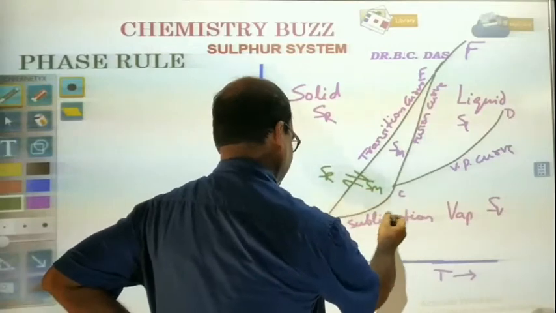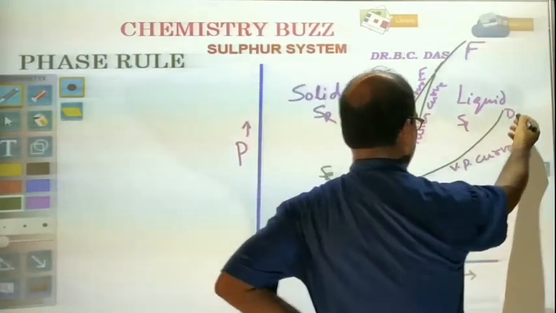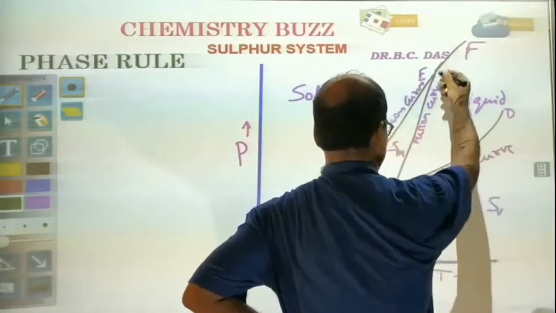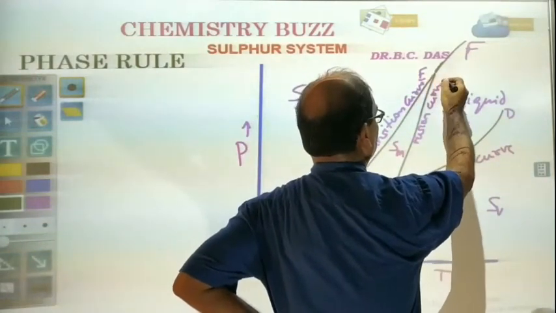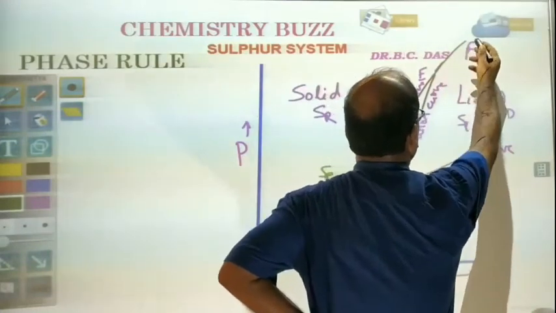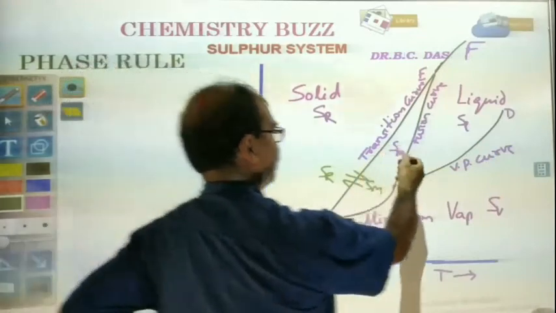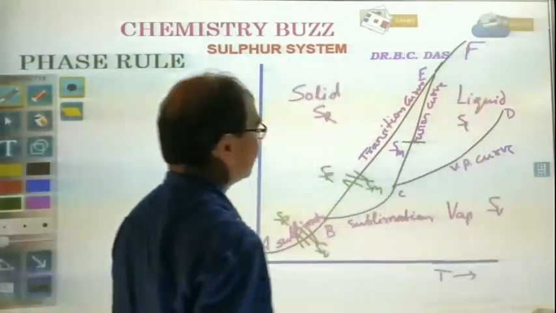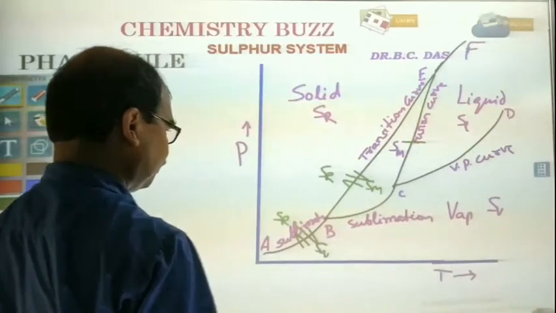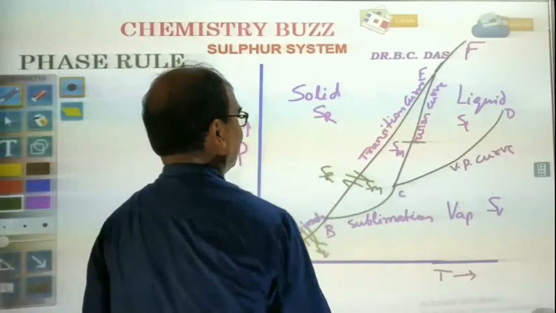And this is your second sublimation, that is SM, SB. Okay, this is the vapor pressure curve, CD, and this is the fusion curve, CE is your fusion curve, and EA is also a fusion curve. So this is the fusion curve of monoclinic sulfur, and this is the fusion curve of rhombic sulfur. Okay. So these are the physical phenomena.